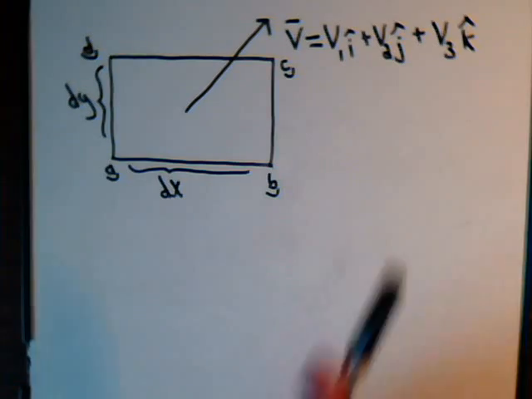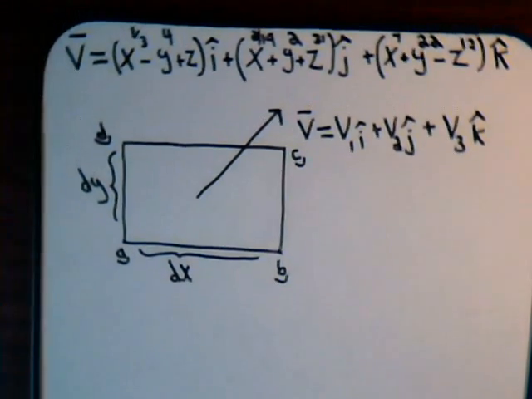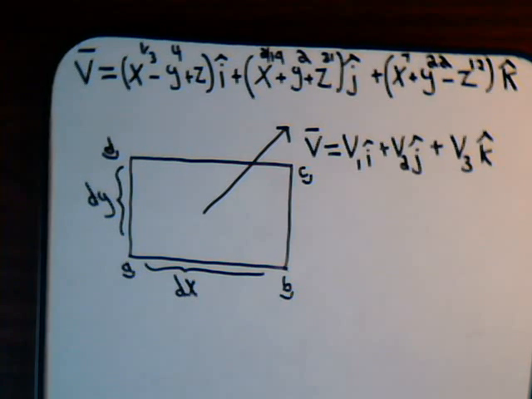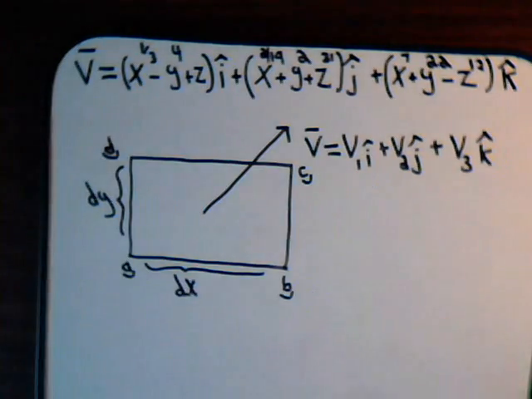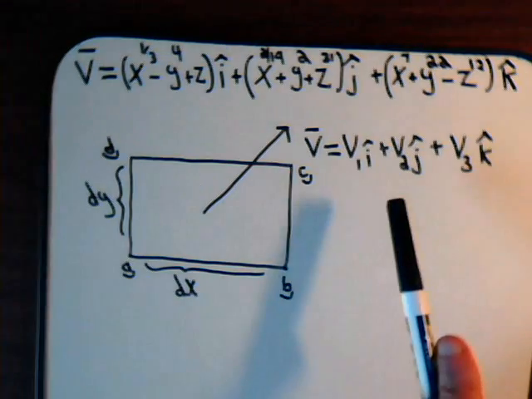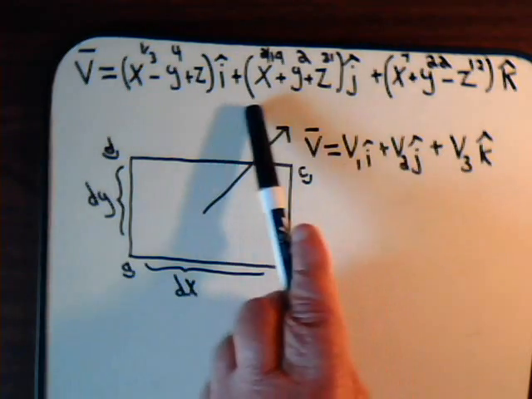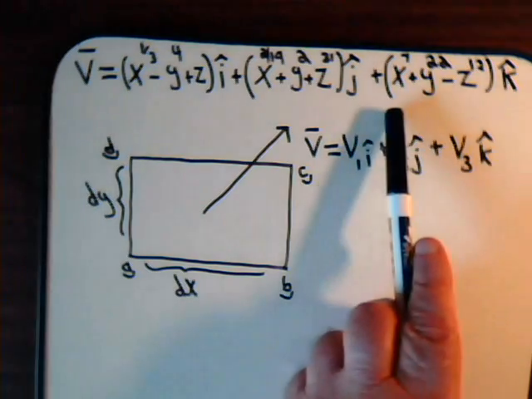So for example, our vector v might have this expression where the i component v1 depends on variables x, y, and z, and so does v2, and so does v3.